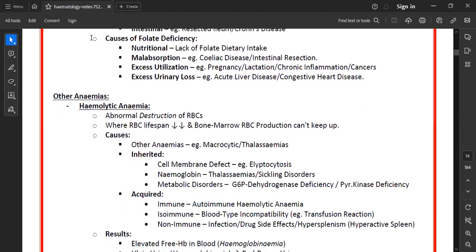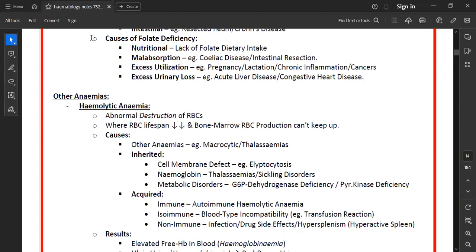Other types of anemia include hemolytic anemia. This is abnormal destruction of the red blood cells. So this causes the lifespan to reduce. They don't reach around 120 days. And since they're being depleted so fast, at a point the bone marrow cannot keep up, when destruction is more than production.